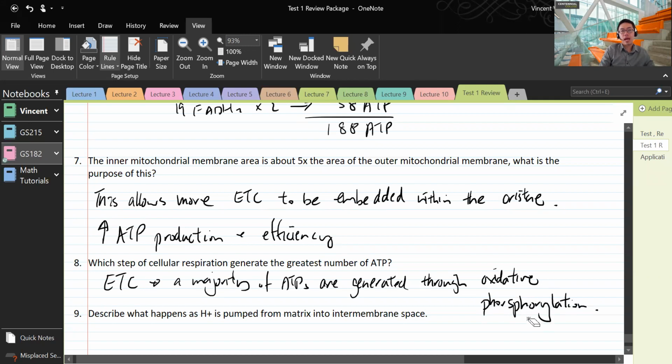Phosphorylation means adding a phosphate to something. In this case, we're adding the phosphate to ADP. And the way we're doing it is by harnessing the energy from oxidation reactions, right? By oxidizing the glucose. Remember, only about 11% is generated through substrate level phosphorylation, right? The rest is generated through oxidative phosphorylation.